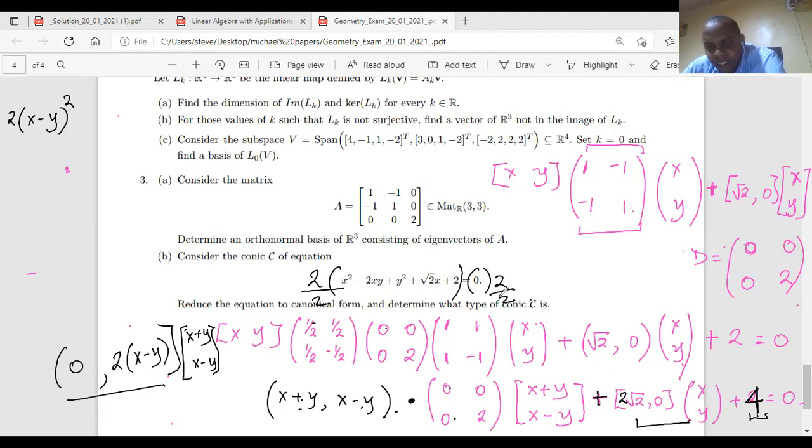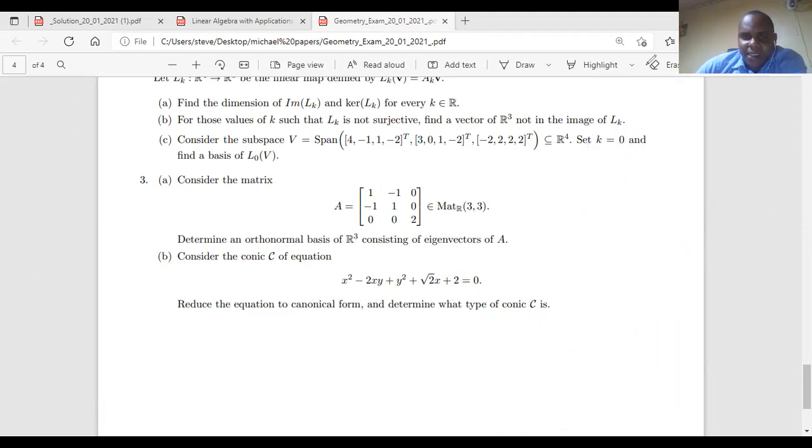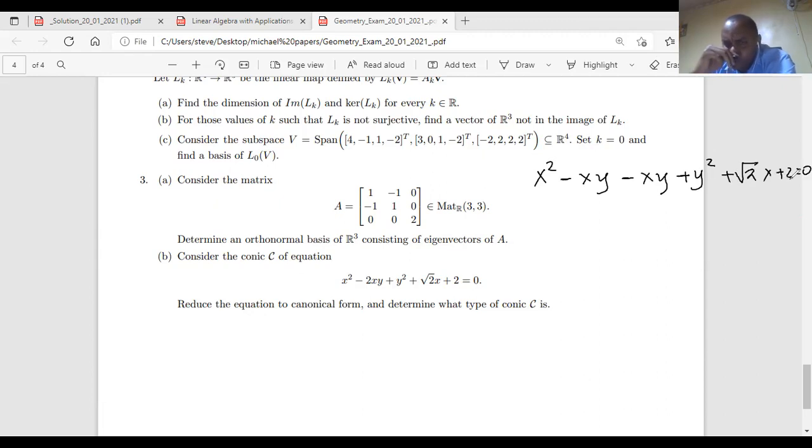Oh, okay. Can I try to do it without, okay, just a sec. So this is x squared. 2xy is the same as minus xy minus xy, plus y squared plus square root of 2x plus 2 equals 0, right? Yes.